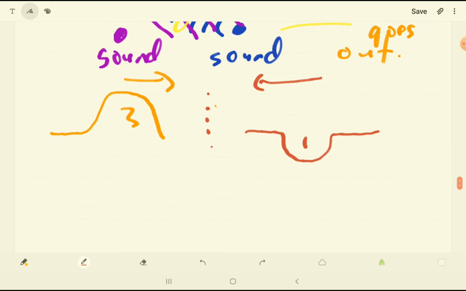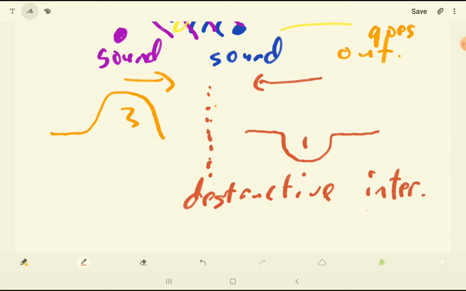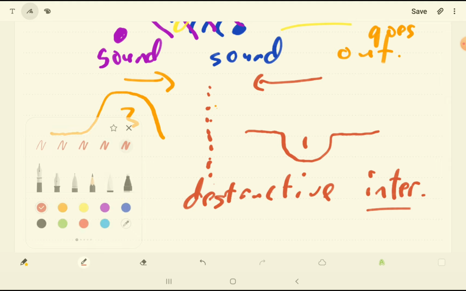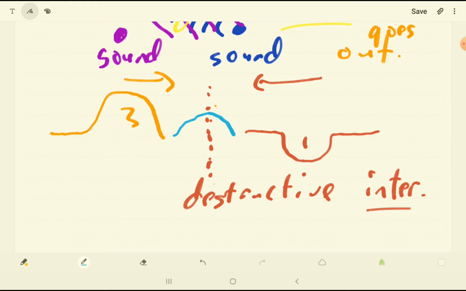Sorry, at about here, you would have destructive interference. Okay, and your final amplitude, right, probably would be about, you go 3 minus 1, would be about 2. Okay, and that's from 3 minus 1.